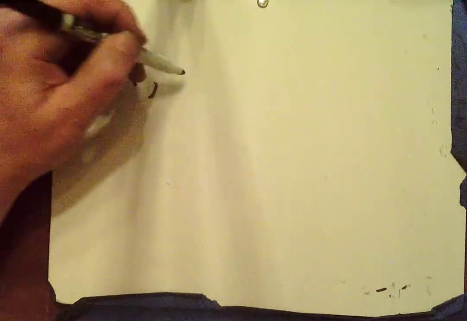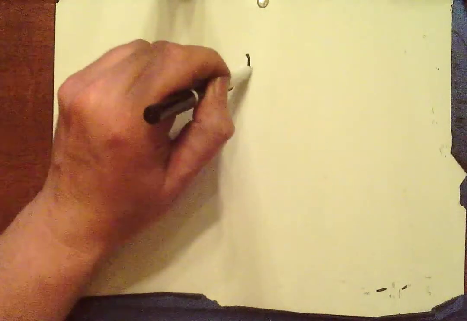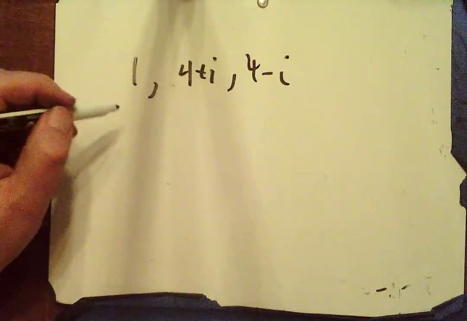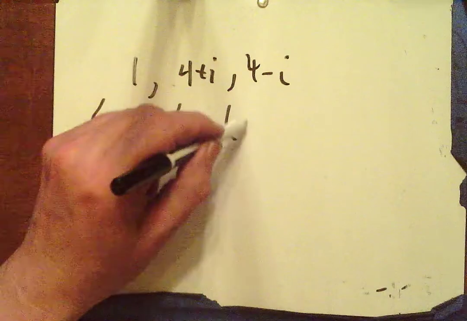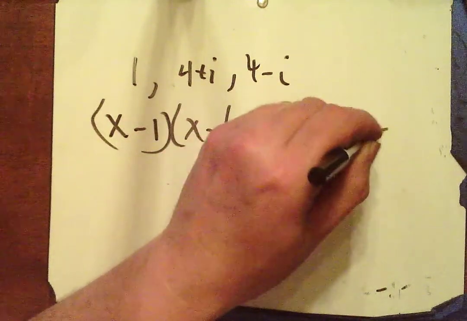Okay, last problem is identify the third degree polynomial with real coefficients and zeros at 1 and 4 plus i. Hey, and you know, they always travel in conjugate pairs, so 4 minus i. Well, I'm going to turn these into factors: x minus 1, x minus 4 plus i, x minus 4 minus i.